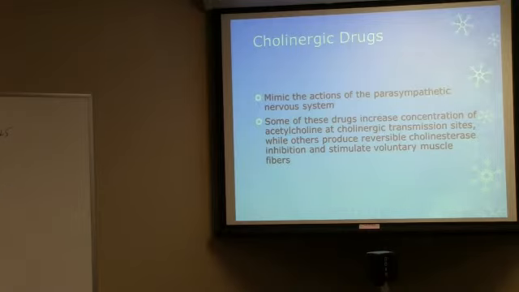Okay, cholinergic drugs mimic the actions of the parasympathetic nervous system. Remember, that's the one opposite the sympathetic. So this is our rest and digest, right? Some of these drugs increase the concentration of acetylcholine at the cholinergic transmission sites.